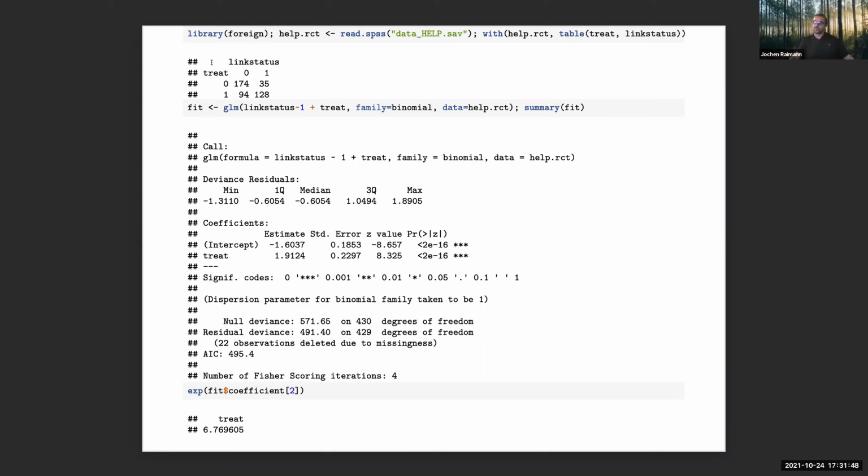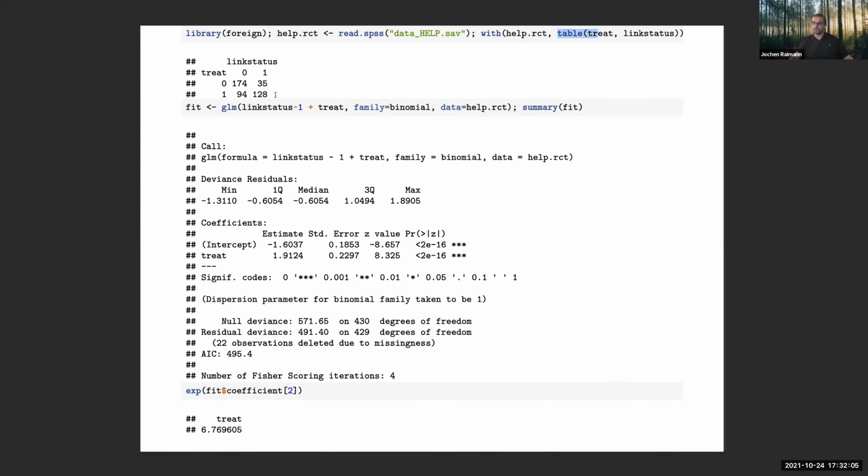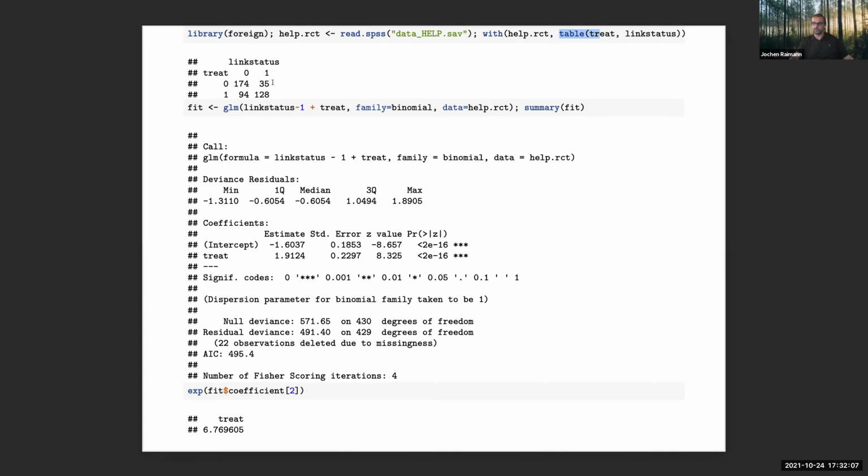So you see there on top the formula or the command line, how to load the data set. And you're loading it, and with the table function, you can now show exactly that 2x2 table that we have just seen before.